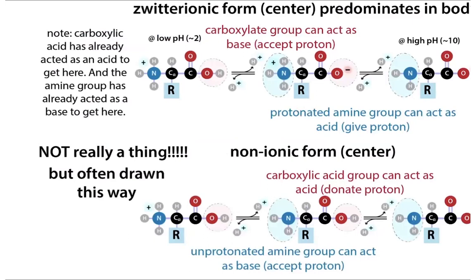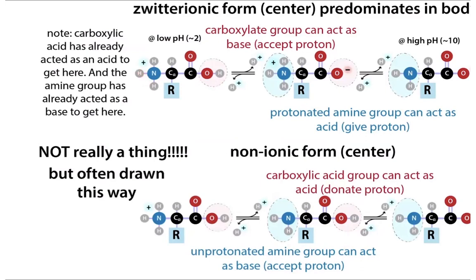I know that sometimes I might accidentally draw it like this because it's kind of the convention, but this is never really going to exist. If you're at a pH that's low enough to protonate that carboxylate group into a carboxylic acid group, then the amino group is definitely going to be protonated.